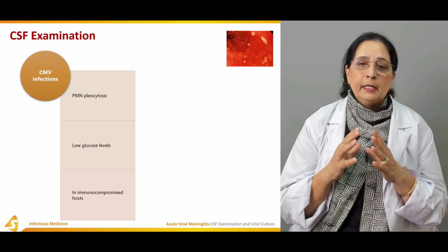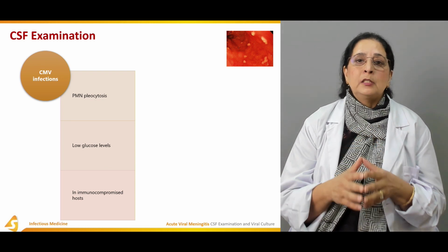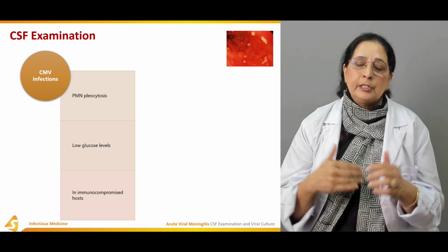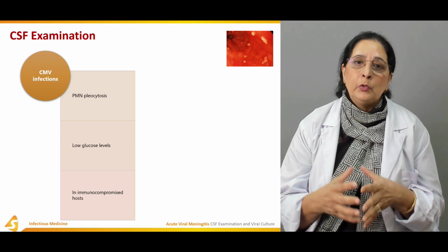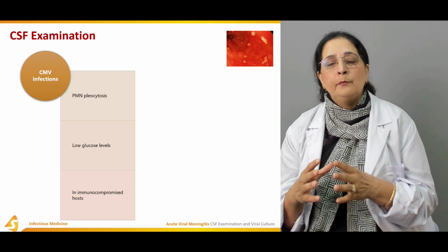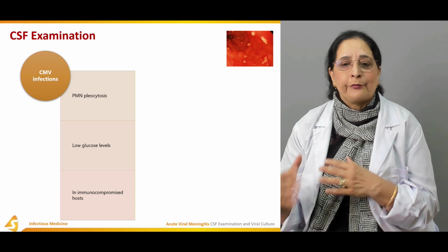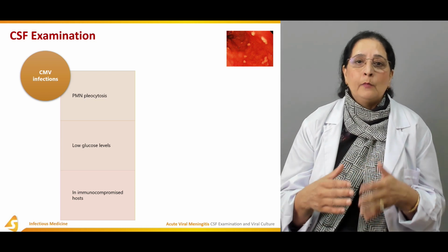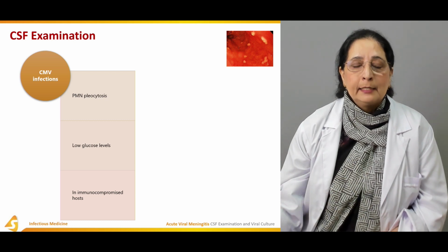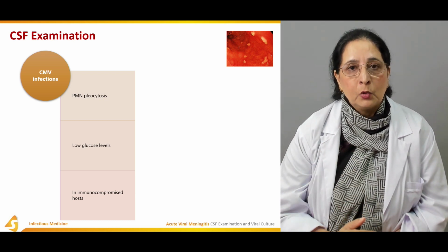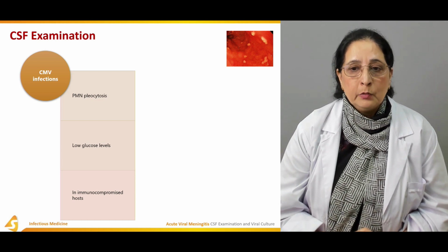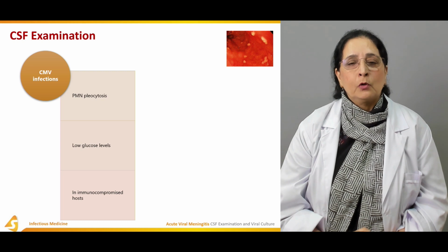So if the meningitis is caused by cytomegalovirus, usually there is polymorphonuclear pleocytosis. Polymorphonuclear neutrophils are increased and predominant. There is a low level of glucose, and it's more common in patients who are immunosuppressed and immunocompromised.